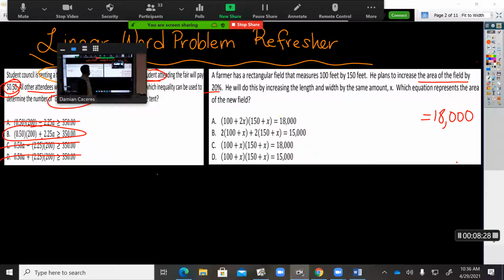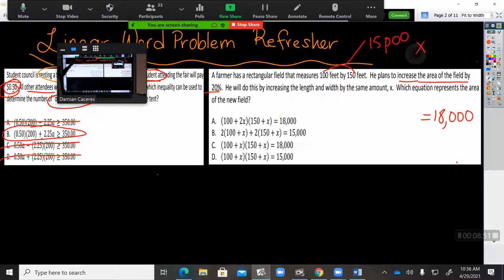So over here it says, a farmer has a rectangular field that measures 100 feet by 150 feet. The area of something that's 100 by 150 is 15,000. So that is the original area. But it says that he plans to increase the area by 20%.